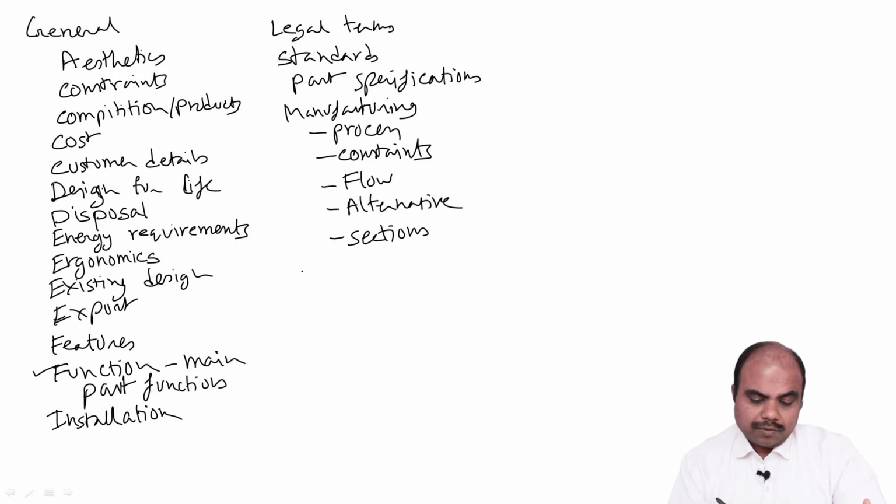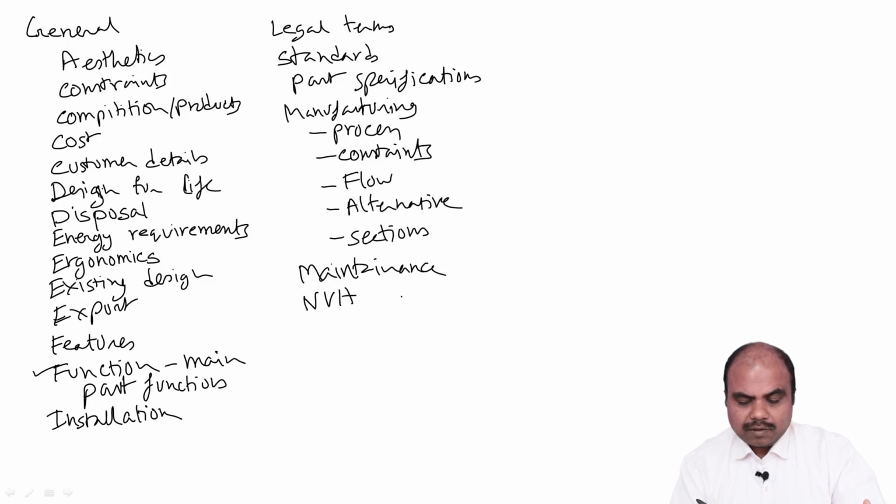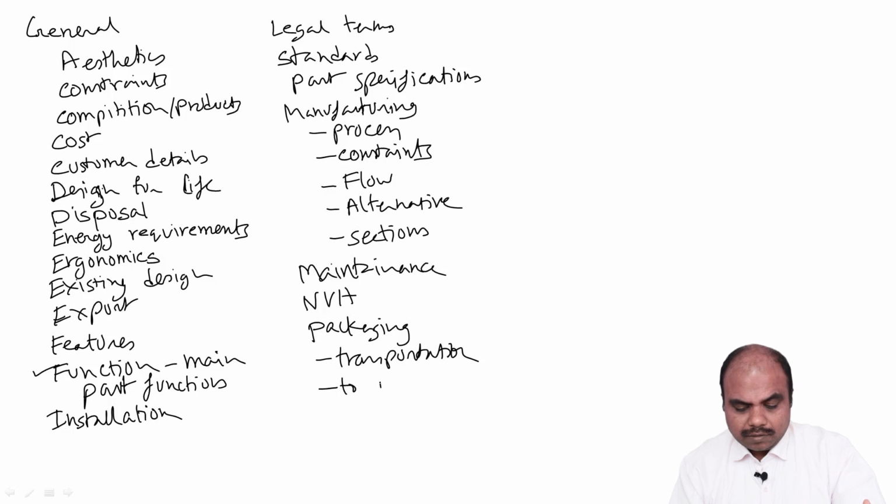Then we can also say how maintenance needs to be done. Then we can say what the NVH conditions are. Then how the packaging will be done, and this will be packaging in transportation and to the user.